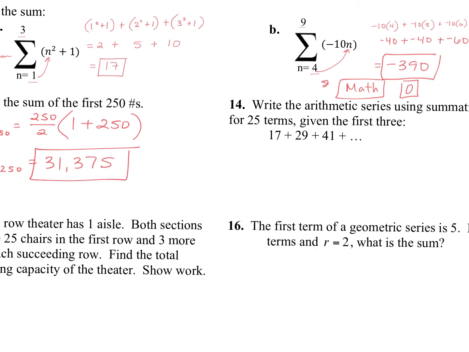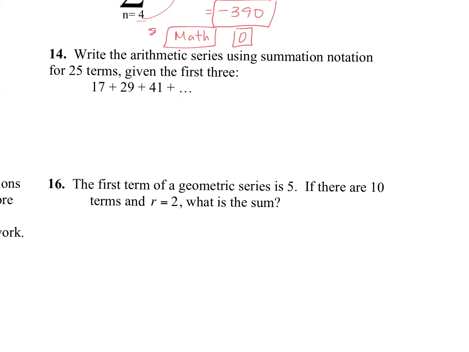Number 14 says write the arithmetic series using summation notation. That's going to look like this for 25 terms. If we start at the first term and go to the 25th term, it looks like that. They give you the first 3 terms here. They tell you it's arithmetic, which means you're adding something each time.